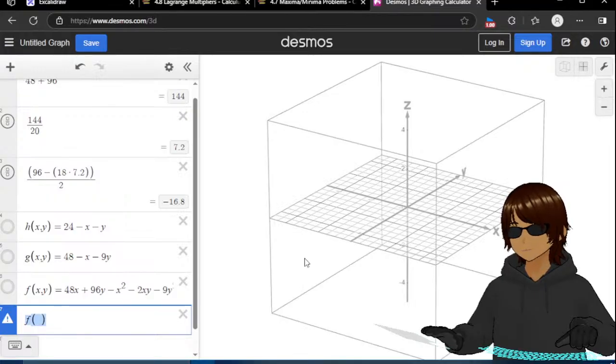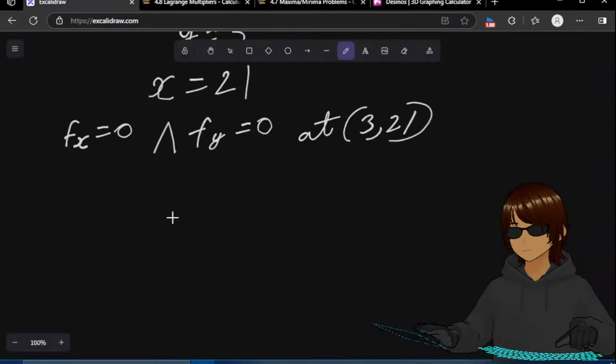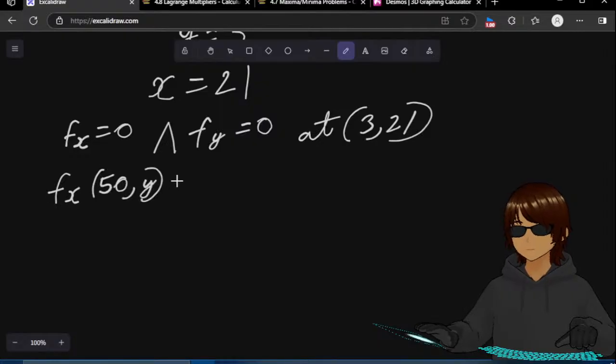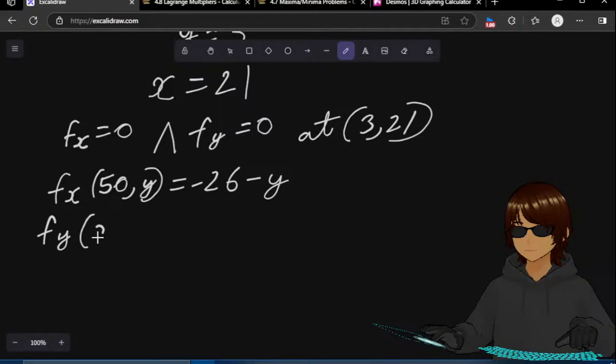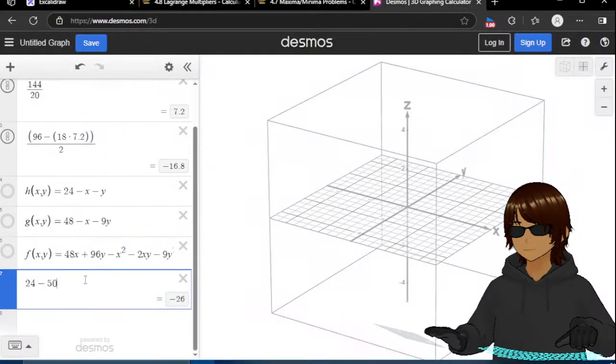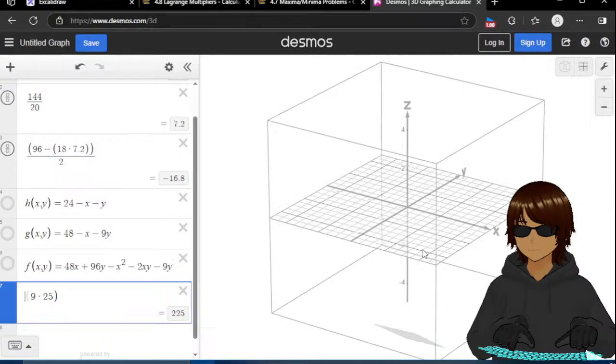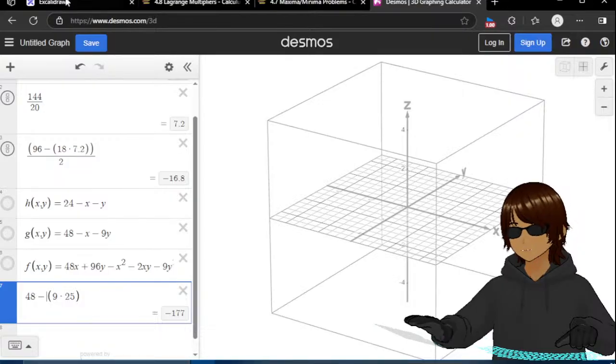So when we place 50 over here, we get minus 26. Nine times 25 minus 177.